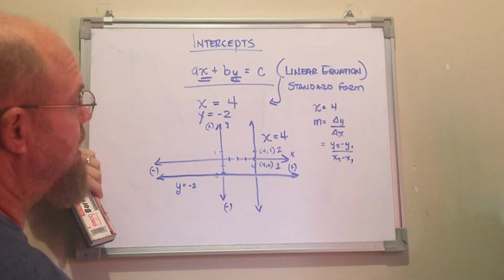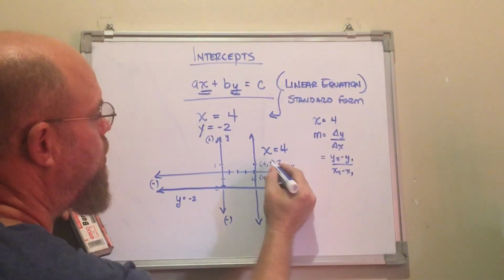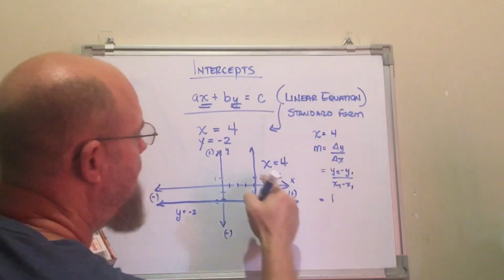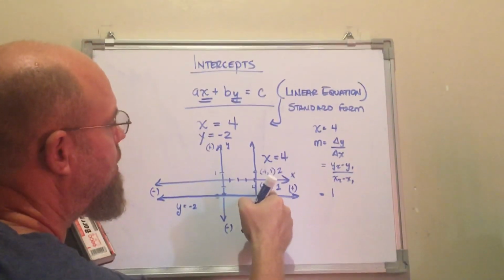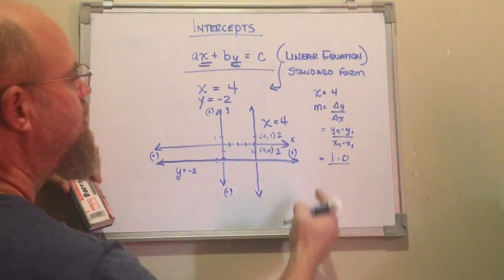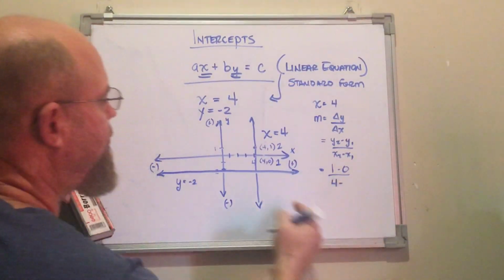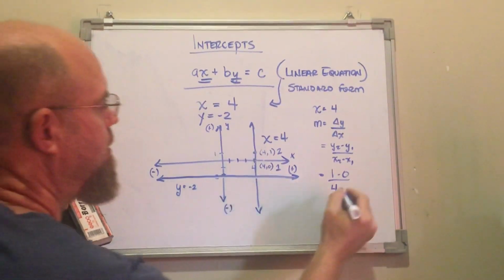So let's figure that out. y2, which is 1, minus y1, which is 0, over x2, which is 4, minus x1, which is 4.